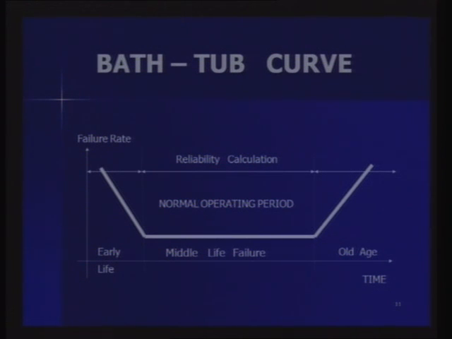So our maintenance management is considered more in the normal operating period, where we have the constant failure rate, we do the reliability calculation, and all our maintenance activities are concentrated in this period, which we term in this figure as middle life failure or normal operating period.